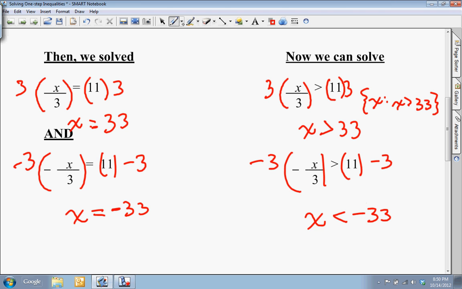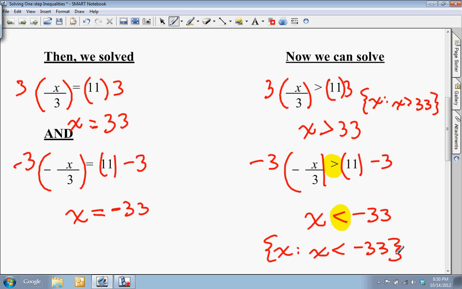So as you can see, we did flip the inequality here. The original inequality was greater than. The inequality in our answer was less than. So one more time, using set builder notation, all values for x for which x is less than 33.